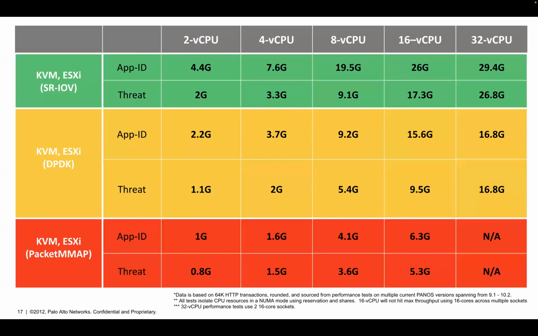I don't think I mentioned this, but the firewalls by default will try to negotiate DPDK with their virtual switch partner. And if it fails, it will fall back into packet mmap mode. As I described, the packet gets copied from the NIC into the kernel, and then copied again from the kernel into user space.